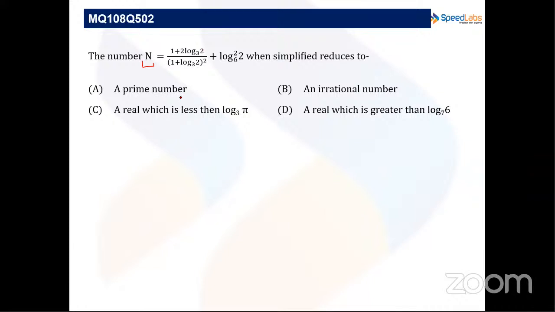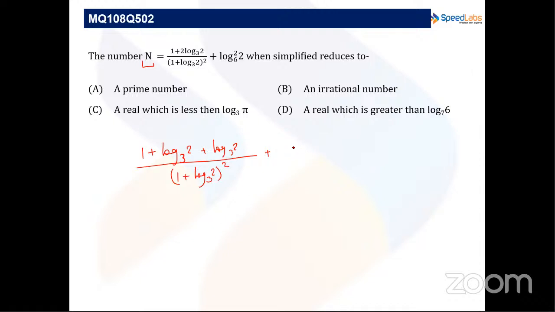So we can write it as 1 plus log 2 to the base 3 plus log 2 to the base 3 divided by 1 plus log 2 to the base 3 whole square, plus log 2 to the base 6.